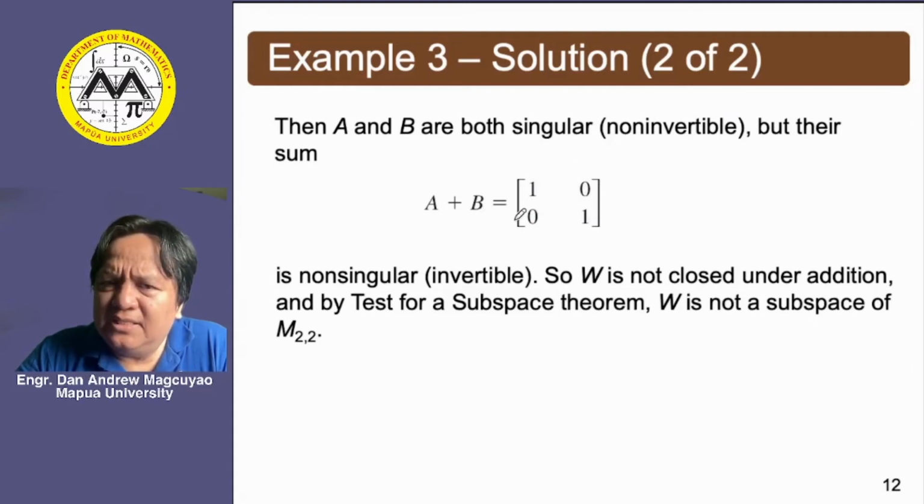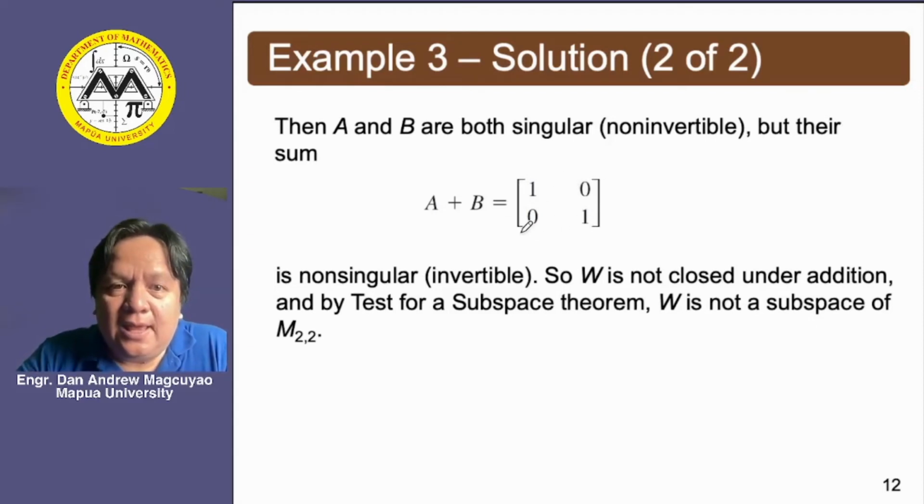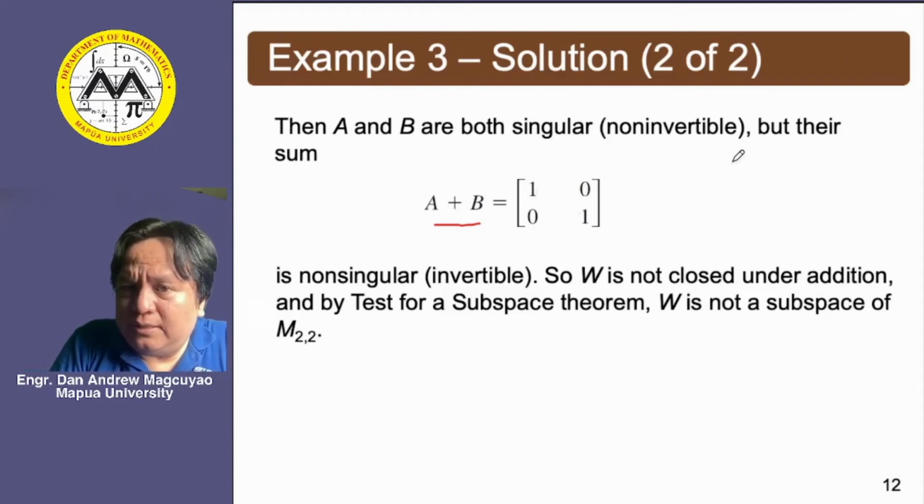But this is non-singular. There is an inverse for this identity matrix. Then A and B are both singular or non-invertible, but their sum, if you add A and B, we will be having [1, 0; 0, 1]. Take note that A is singular.